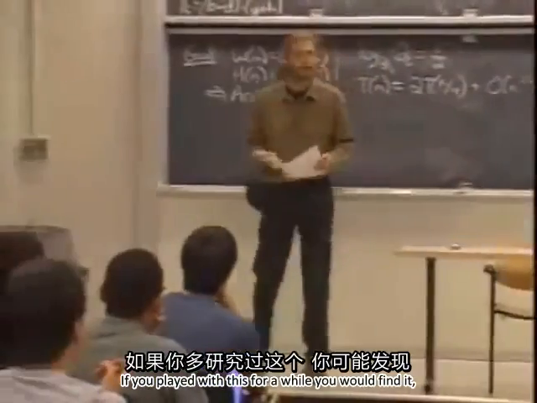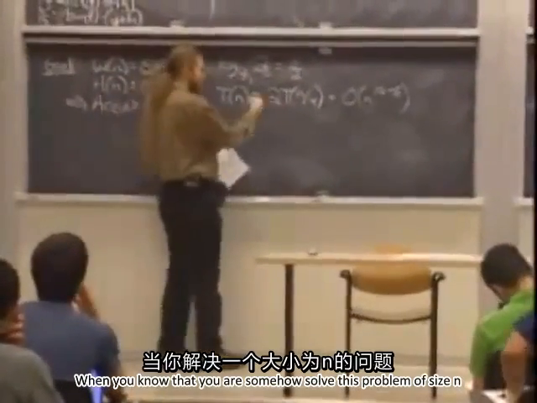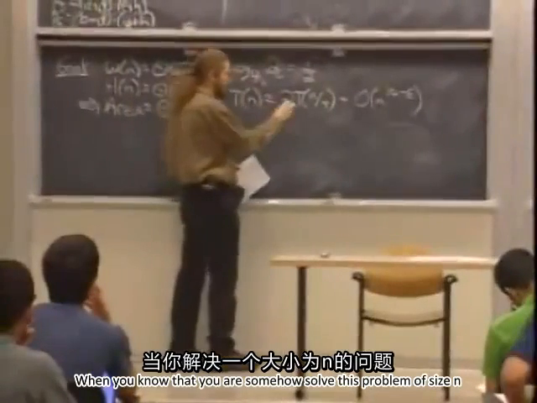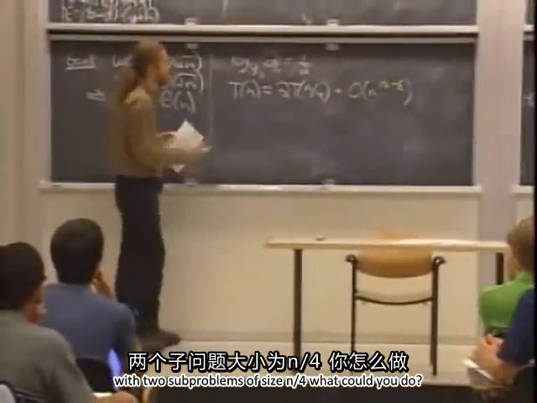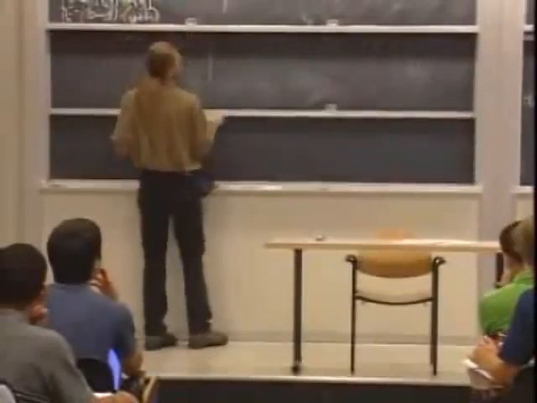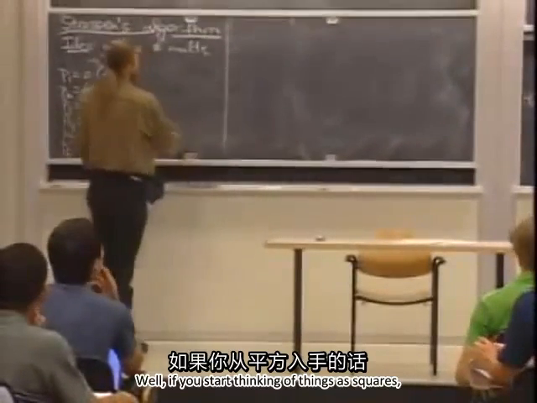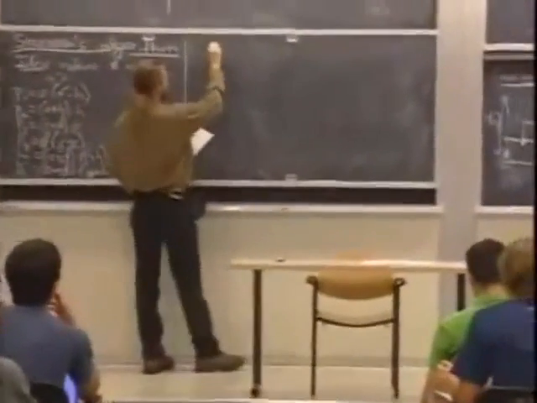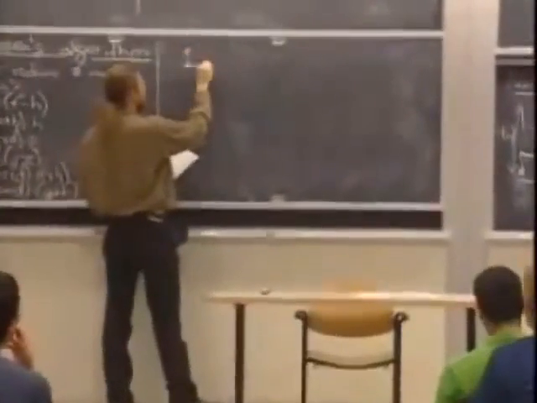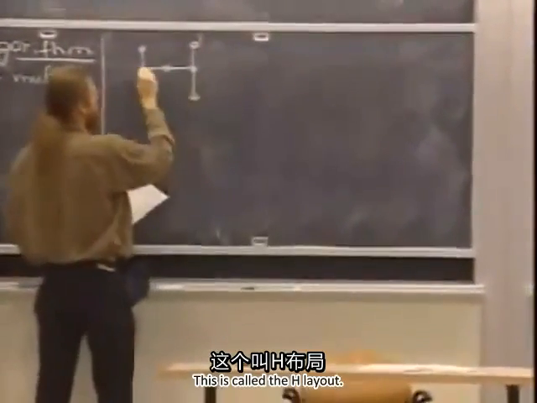If you played with this a while, you would find it, I think, at this point. When you know you're supposed to somehow solve this problem of size n with two subproblems of size n over 4, what could you do? Well, if you start thinking of things as squares, this is the natural thing that happens. This is called the H layout.